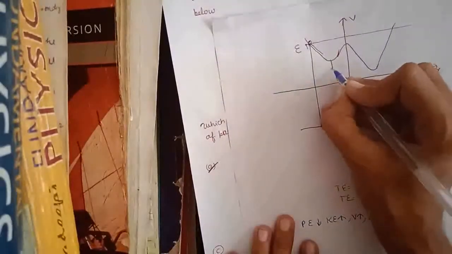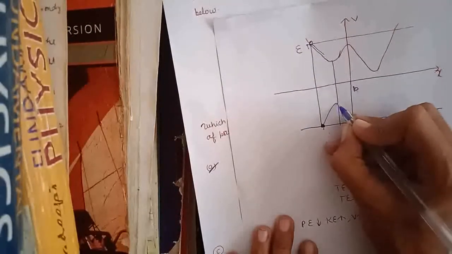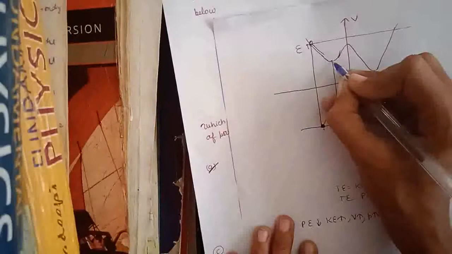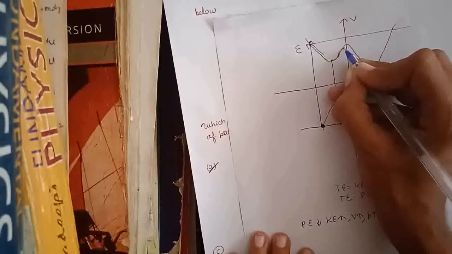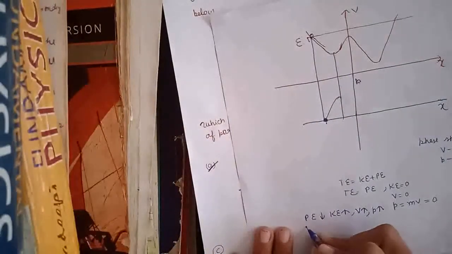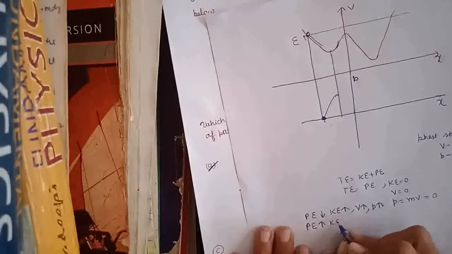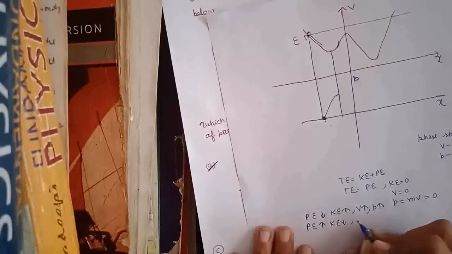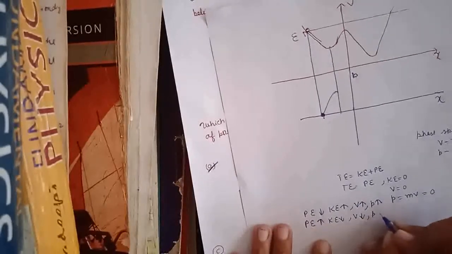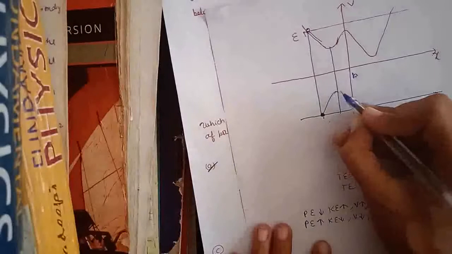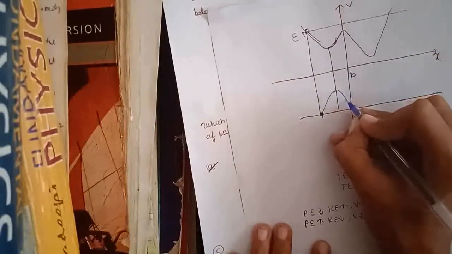So until this point, the momentum of the particle is increasing. Now again at this point, the potential energy is increasing. If potential energy increases, kinetic energy will decrease, velocity decreases, and momentum will decrease. So from here to here, the momentum will decrease.